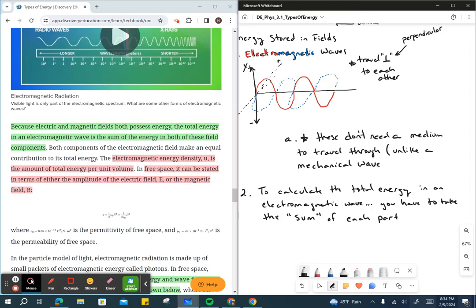Now this is interesting. Each part, the electric and the magnetic, are going to be supplying equal amounts of energy.